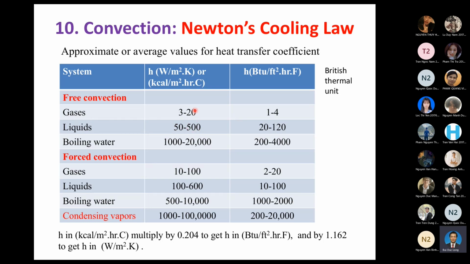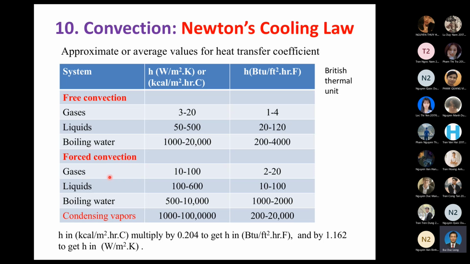So again, you can see that liquid can remove heat faster, right? And for boiling water, about 1,000 to 20,000. And for forced convection.